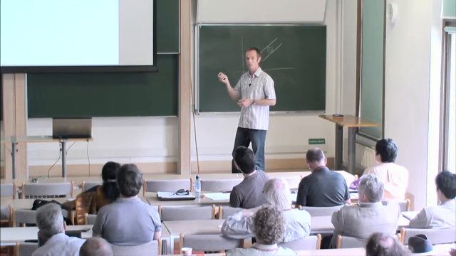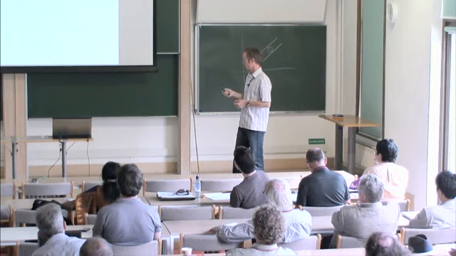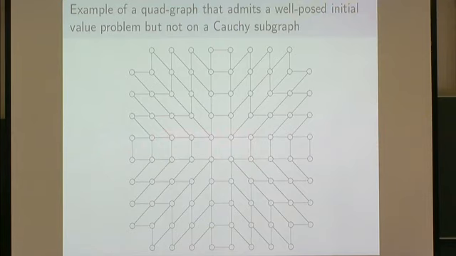Here is then an answer to a quad graph where you have a well-posed initial value problem but not on a Cauchy subgraph. So this is the initial value problem, and as you can see it's not connected. And there is no connected initial value problem for this.